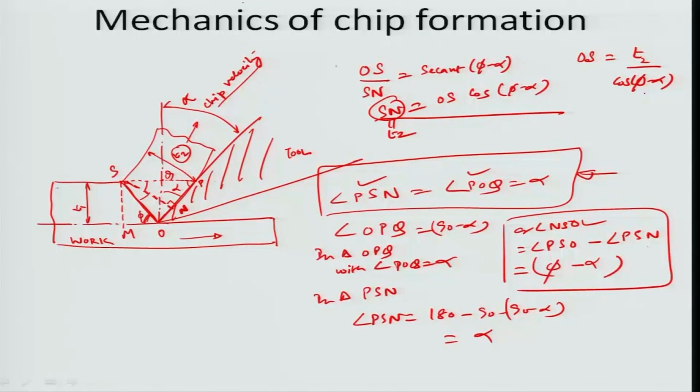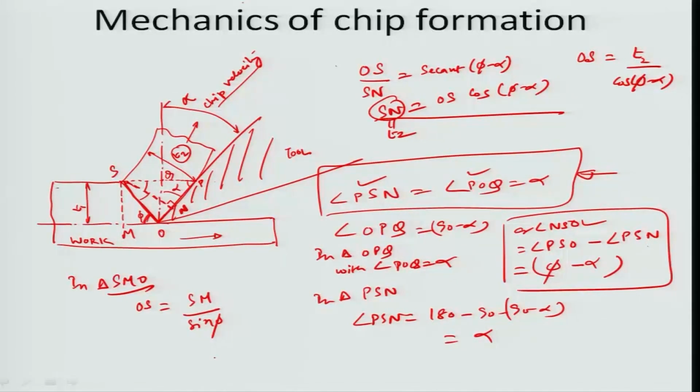Further, the triangle SMO includes the side OS as its hypotenuse, and I can represent OS from this triangle to be equal to SM by sine of phi.